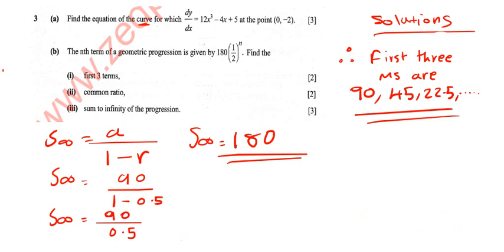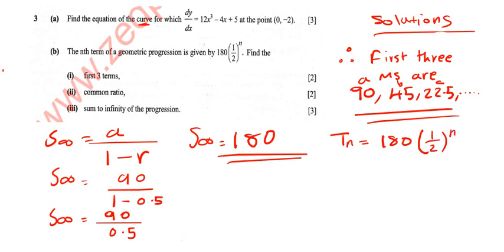As you can see, this is the first term, the second term, and the third term, because we represented these by using letters, as you can remember here. Since it is in the third position, and n defines the position of the term, Tn is given by 180 open bracket 1 over 2 to the power n.